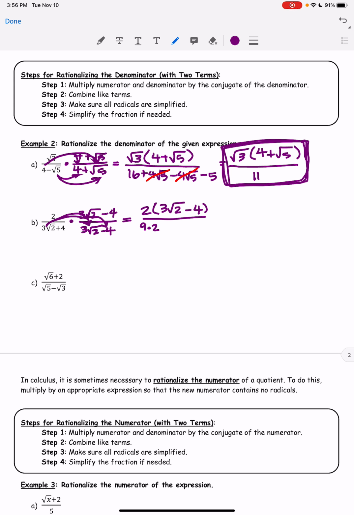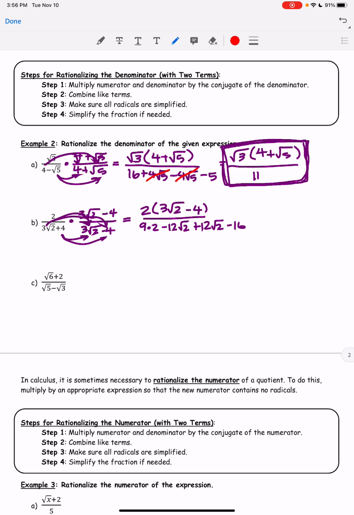Three square root 2 times a negative 4 gives me a negative 12 square root 2. 4 times 3 square root 2 is a positive 12 square root 2. And then 4 times negative 4 gives me a negative 16.